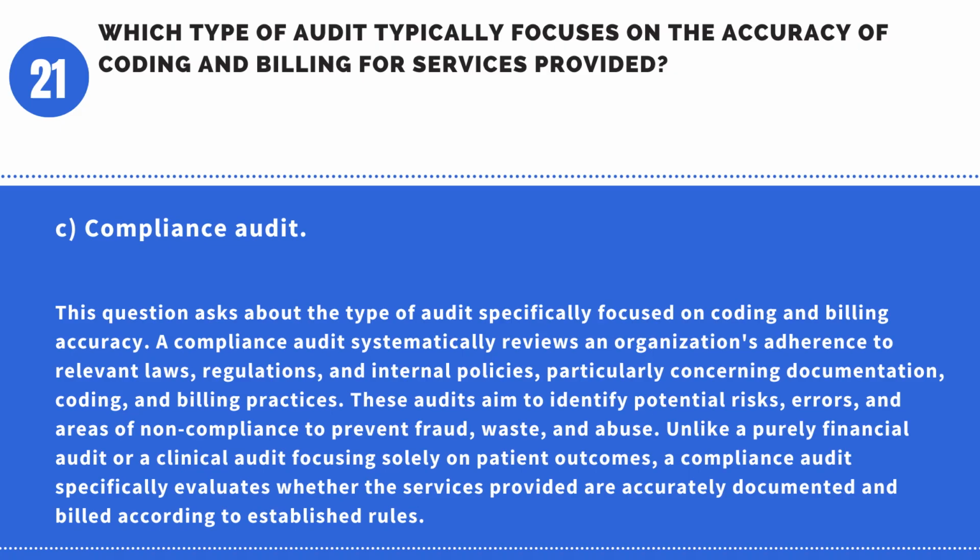These audits aim to identify potential risks, errors, and areas of non-compliance to prevent fraud, waste, and abuse. Unlike a purely financial audit or a clinical audit focusing solely on patient outcomes, a compliance audit specifically evaluates whether the services provided are accurately documented and billed according to established rules.